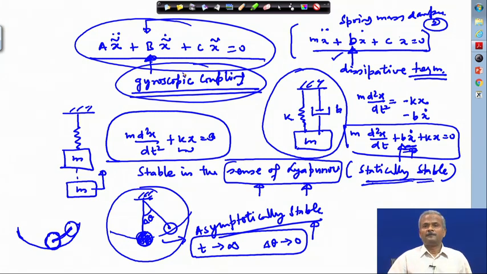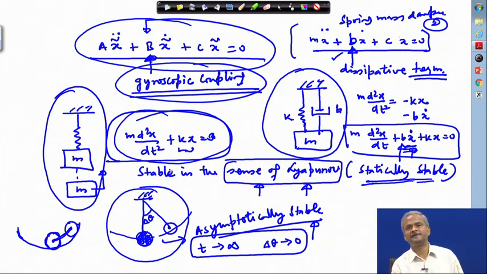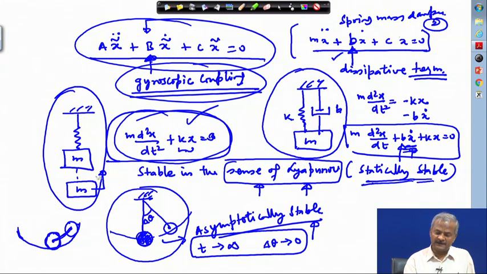Suppose this is a purely spring-mass system, and there is no dissipation term in this equation. What happens once you disturb it and leave it? Theoretically it will keep oscillating for its whole life, assuming there is no air resistance or dissipation of heat in the spring. So this dissipation term is absent, and only these two terms are present here.